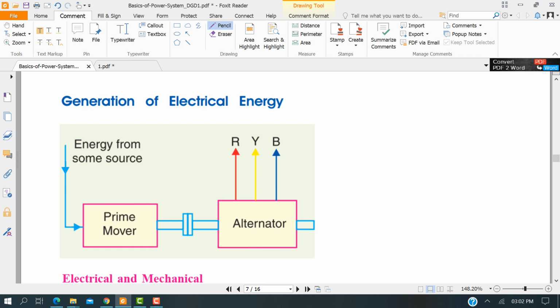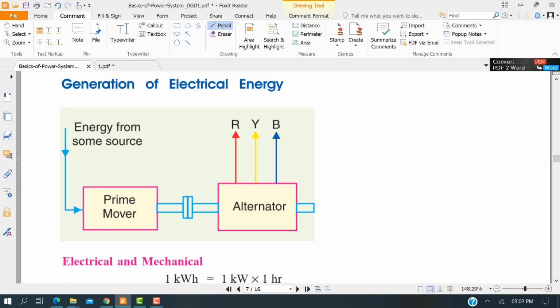Generation of electrical energy, as we know from the earlier electrical machine course: the generator is called a synchronous generator or alternator, and there are three phases here, red, yellow, blue, and there is another point which is the neutral, which should be black or green for three phase.